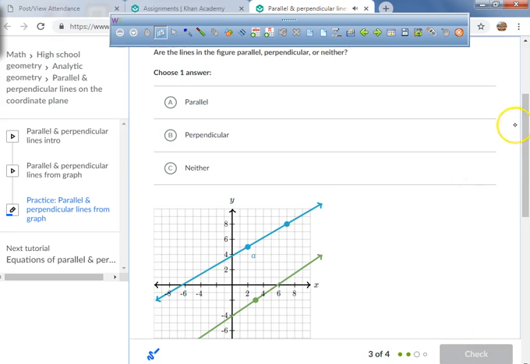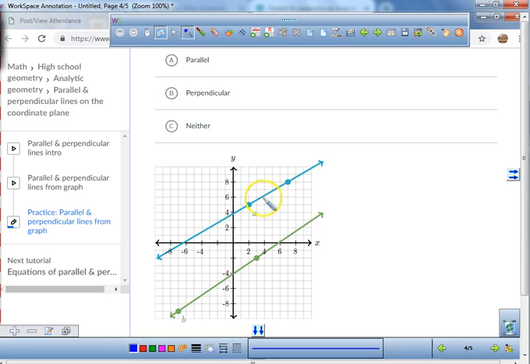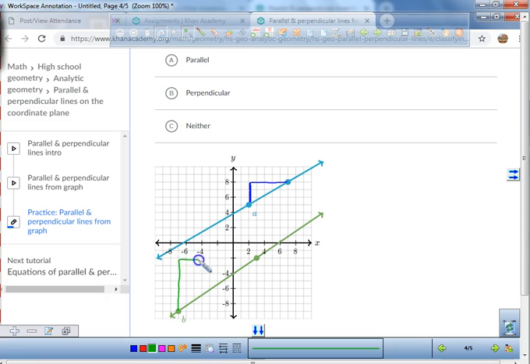Right here, on this particular one, I better check these ordered pairs right here. So I'm going to check the slope. I'm going to figure out how much does that go up, how much does that go over. I'm going to check this slope. How much does this go up and how much does this go over? Because they almost look like they're parallel, don't they?